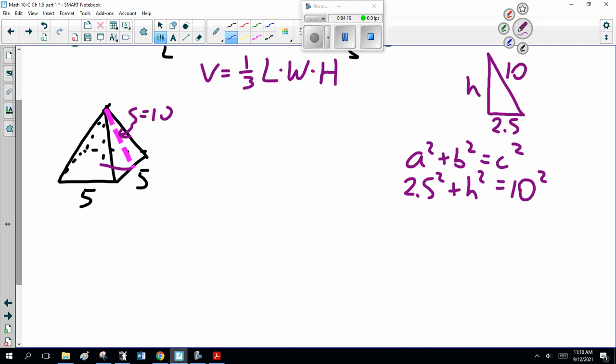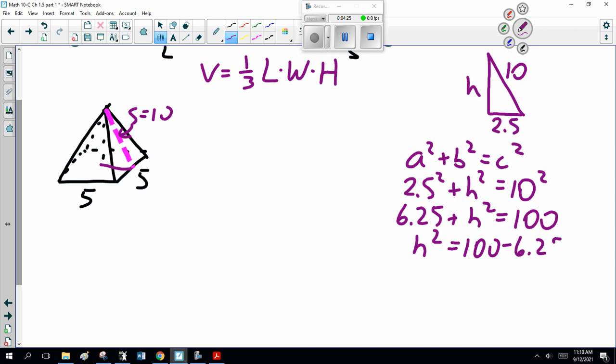So this is 6.25 plus h squared equals 100. So the height squared is 93.75.